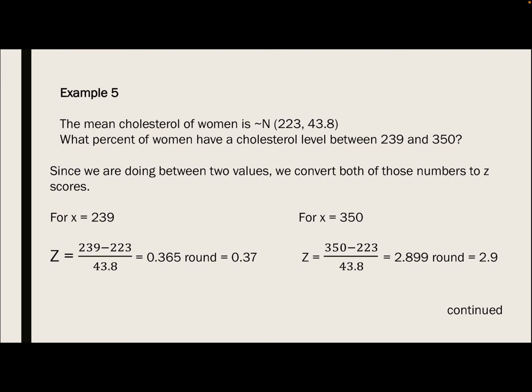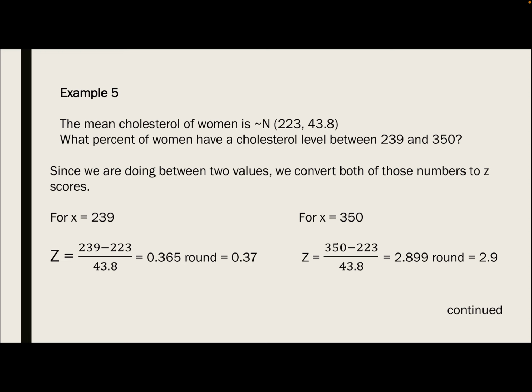Example 5, the mean cholesterol is 223 and 43.8 for the standard deviation. What percent of women have a cholesterol between 239 and 350? So we're going to convert both of those to z-scores. Subtract the mean of 223, divide by the standard deviation of 43.8.